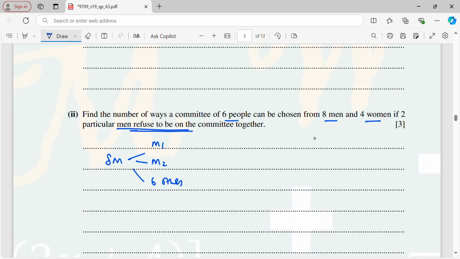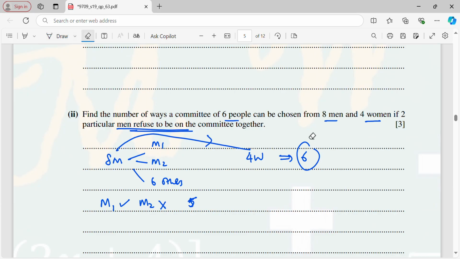And don't forget, I still have 4 women. Then from here, 8 and 4, I need to choose 6. So now I will say that I choose first man, and I cannot choose second man. Then I need to choose 5 more, because I need to choose a total of 6.